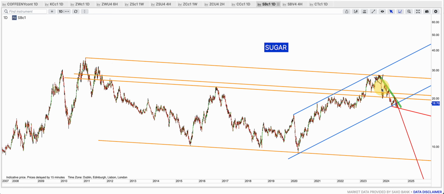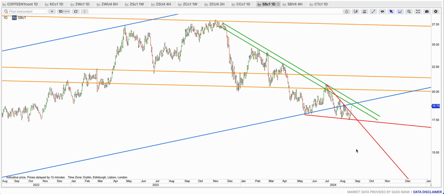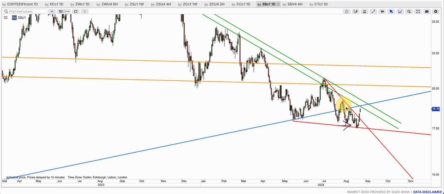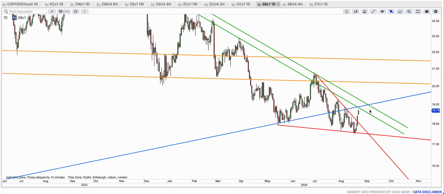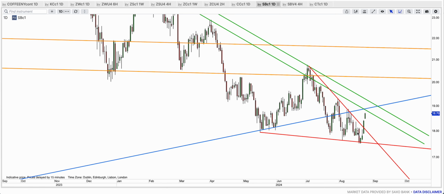At 28, we turned bearish. It came down. The blue bottom band held initially, but then it was broken, which is bearish. But the current action has broken this red triangle or kind of a wedge to the upside. Anything above 19.25 may look bullish again.